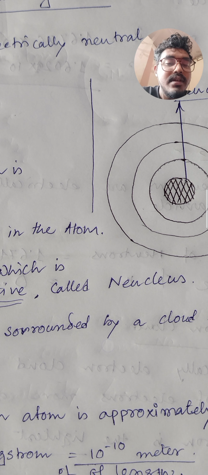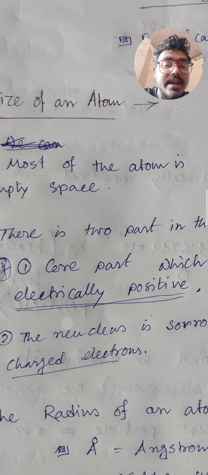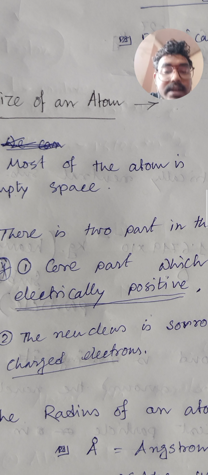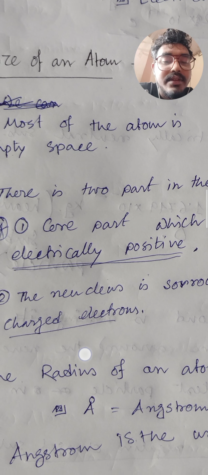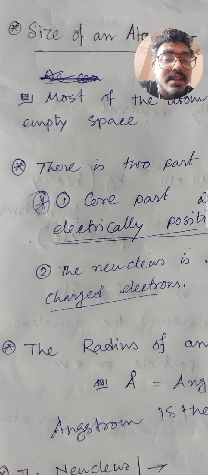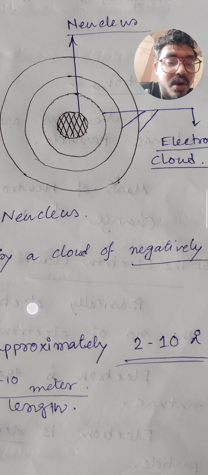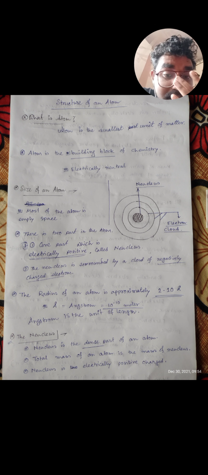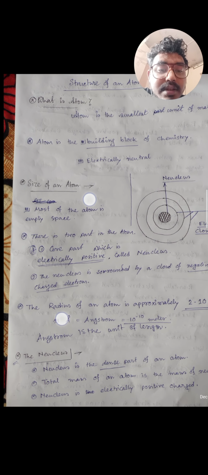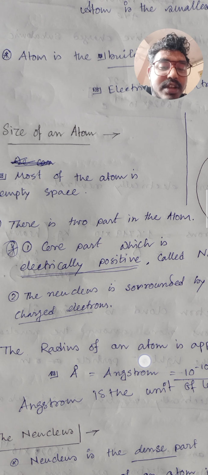Later I will explain why. The second part is a cloud of negatively charged electrons surrounding the nucleus. Note down that the core, the nucleus, is positively charged and the electron is negatively charged.